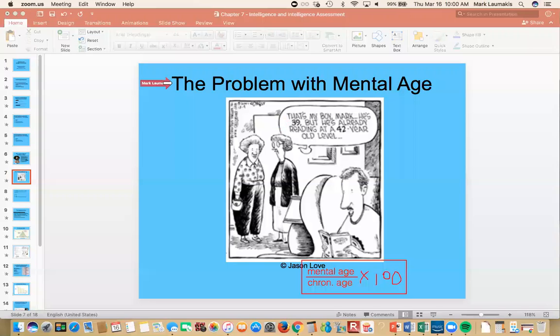The problem with mental age basically boils down to once we get past about age 16, it becomes increasingly difficult to come up with items that will distinguish, let's say, the performance of a 27-year-old from that of a 24-year-old, or a 27-year-old versus a 30-year-old.